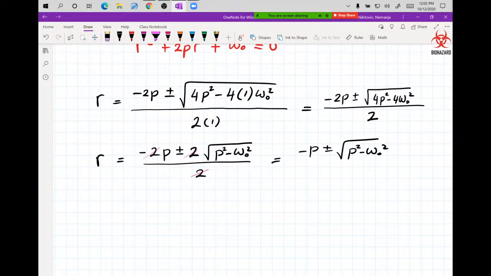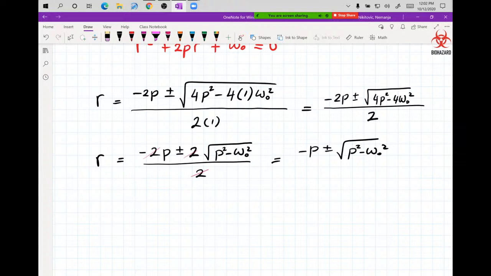So we have our r's, right? R1 would be 1 with a plus, and R2 would be 1 with the minus. Now remember, in order for this to be oscillation motion, p squared needs to be smaller than omega squared to give us a negative number, so that we can have the complex solutions.